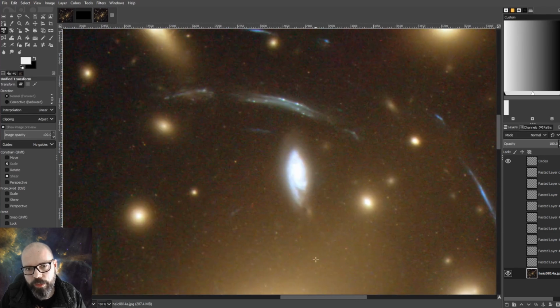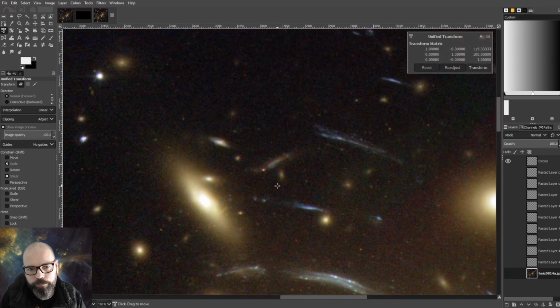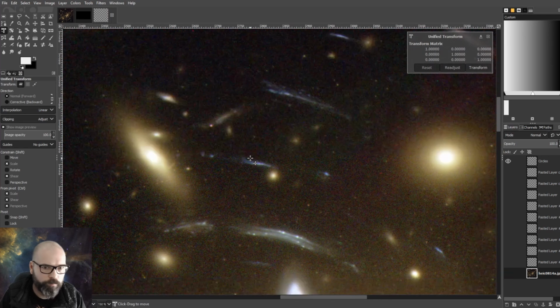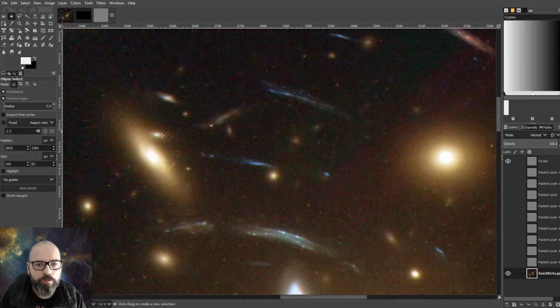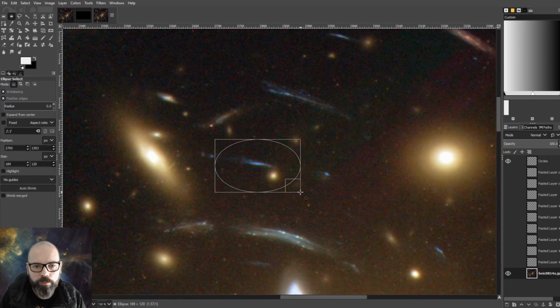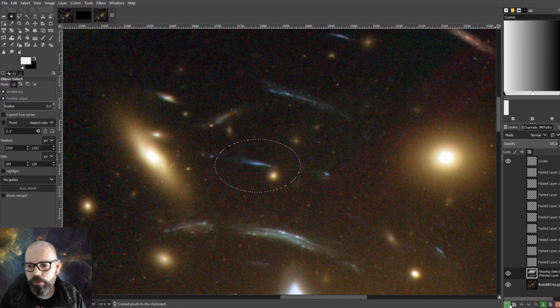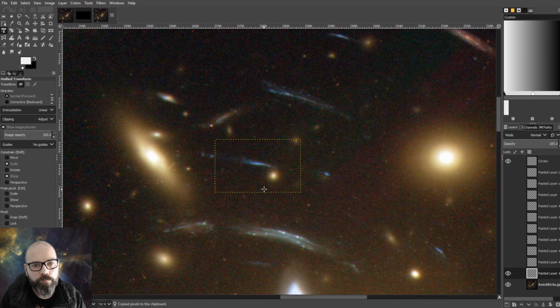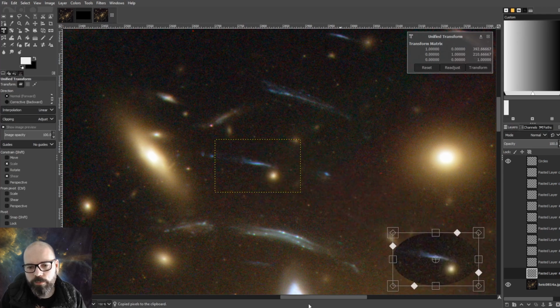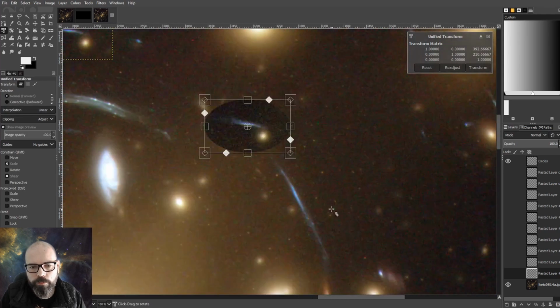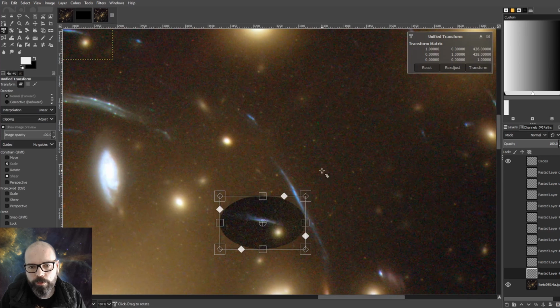So let's see if we can take a copy of this one. And for now, we're just going to ignore those stars on either side. And let's start with a larger one, I think.